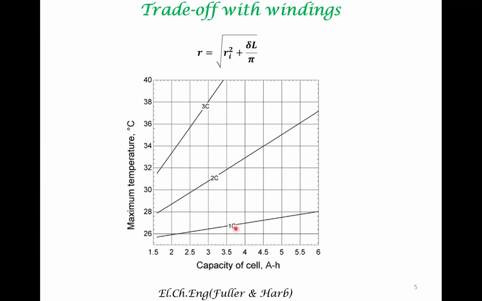So again, the same trends are followed. What is being displayed? The greater the discharge rates, the greater the maximum temperature. So as you can see, the maximum temperature is greater, or the overall temperature inside the battery is greater. In addition, when you keep on increasing the capacity, the temperature differential also keeps increasing.